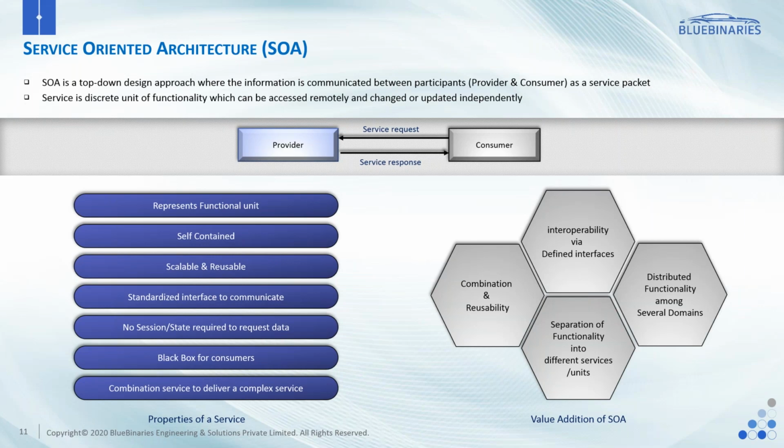So this is more of a service-based communication where you request a service and you get a response for a service, and the service itself is a discrete unit of functionality which can be accessed remotely and changed and updated independently. So each service can be a functionality as such, and you can access that functionality from anywhere within the vehicle. You can also change or update the service independently of the provider.